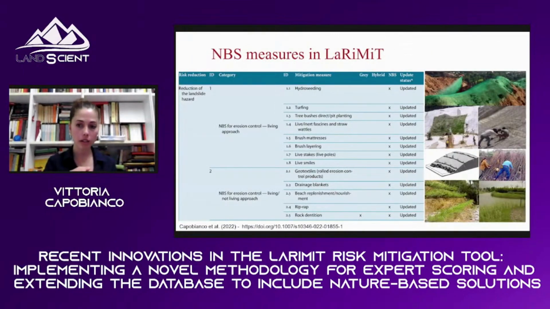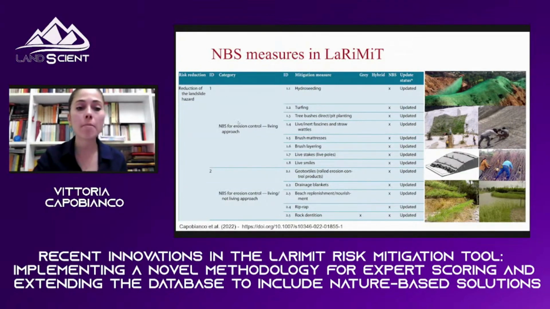So at the end of this study, on this idea of including NBS measures in the LaRiMiT web tool, we also did an extensive literature review of soil and water bioengineering applications for landslide hazard and landslide risk reduction. Also looking at the reports provided by the Geotechnical Engineering Office of Hong Kong and the European Federation of Soil and Water Bioengineering.